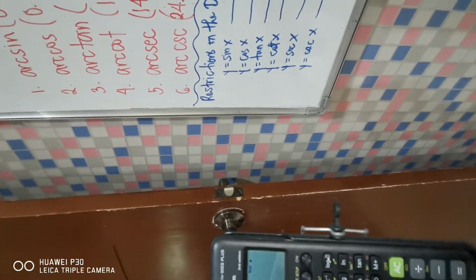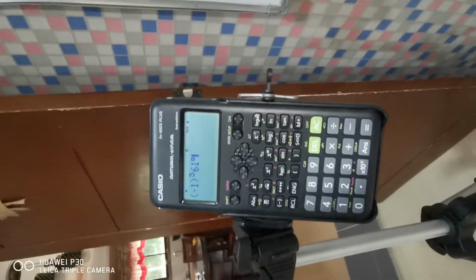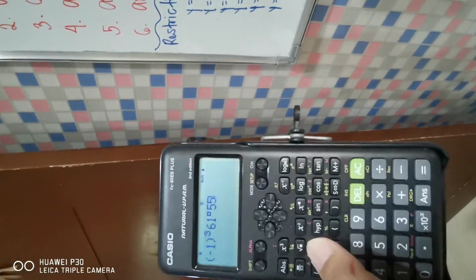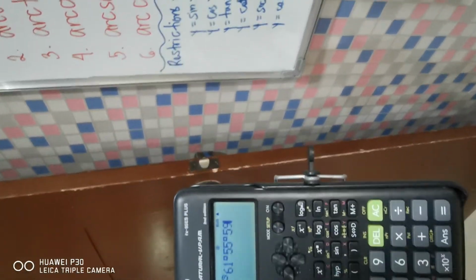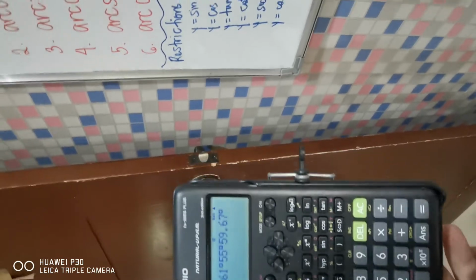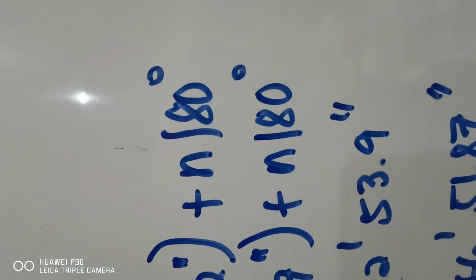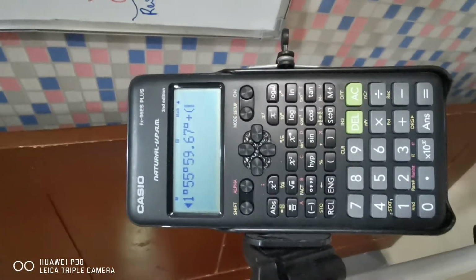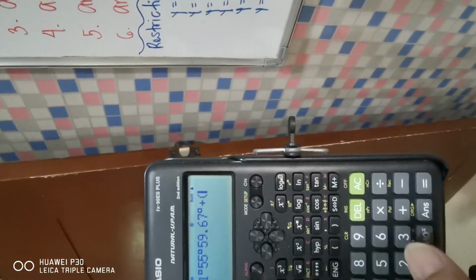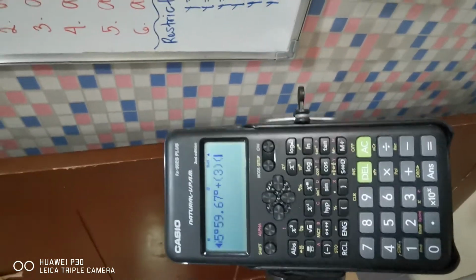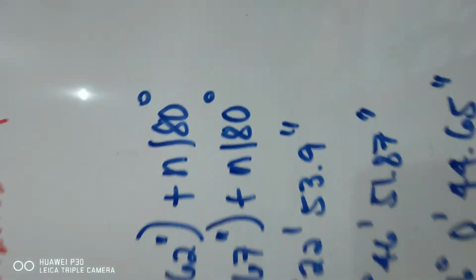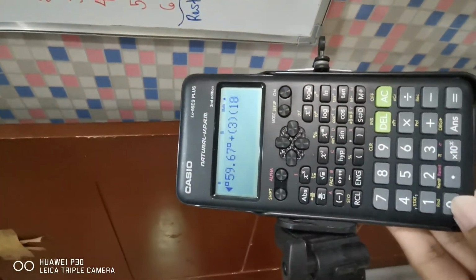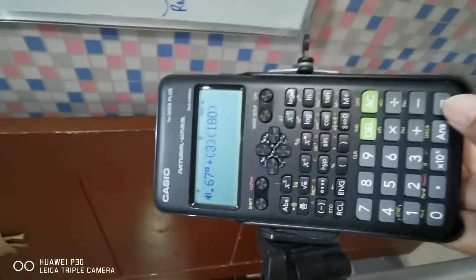Then arrow right, press 61 degrees, 55 minutes, 59.67 seconds. Plus, again, you can see there another n. So you have open parenthesis, n is 3 again, times 180 degrees.